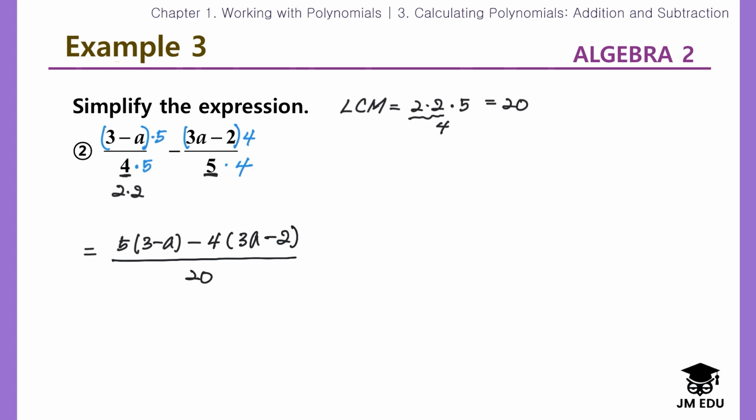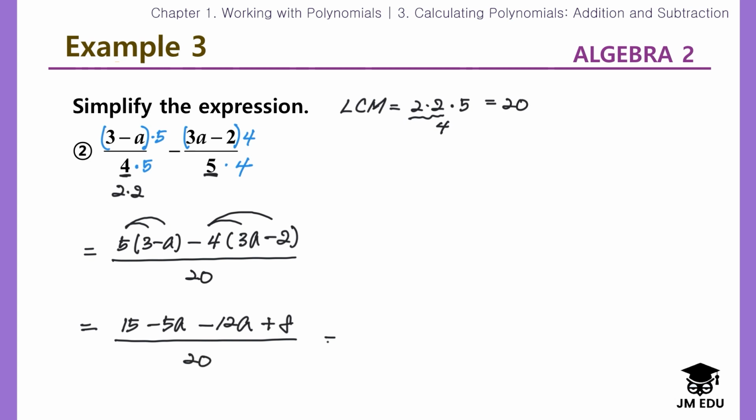Okay, let's simplify this. 5 times 3, that's 15. 5 times minus a, that's minus 5a. Minus 4 times 3a, minus 12a. Minus 4 times minus 2, that's plus 8, over 20, right?